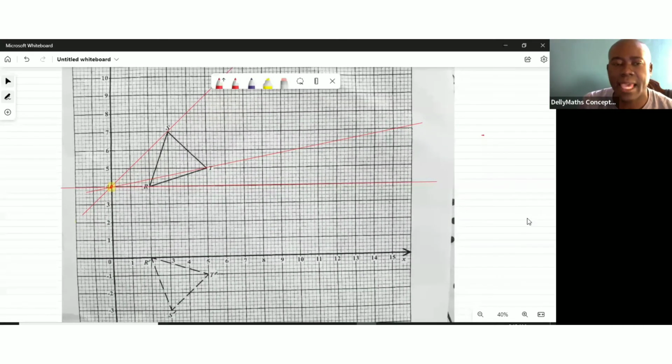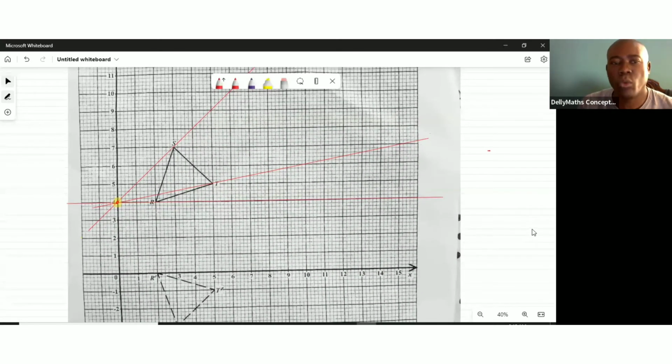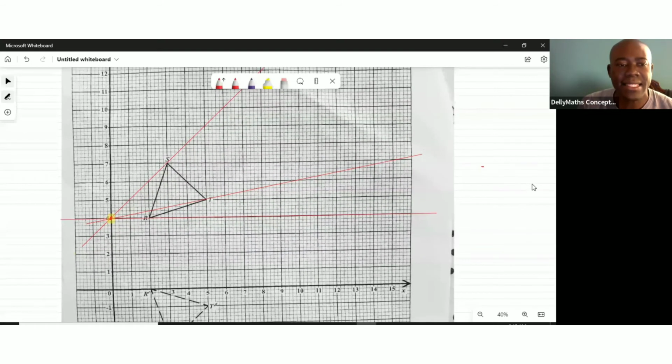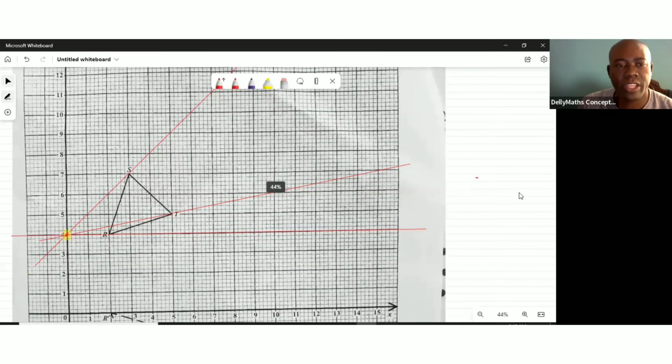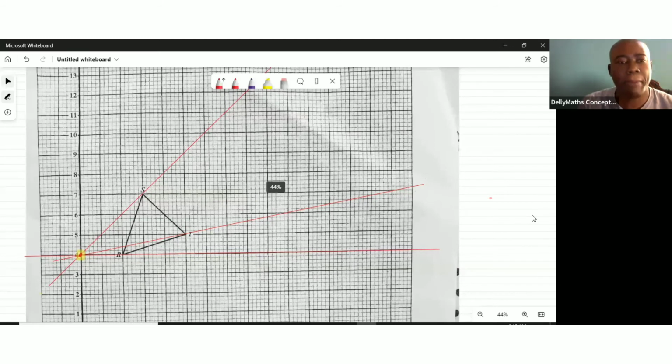And there is a straight line that will pass through the center of the enlargement through S, and it's going to pass through S double prime. There is another straight line from the center through T, will pass through T double prime as well, and from the center through R double prime. In other words, there is a straight line that connects the image to the object from the center.